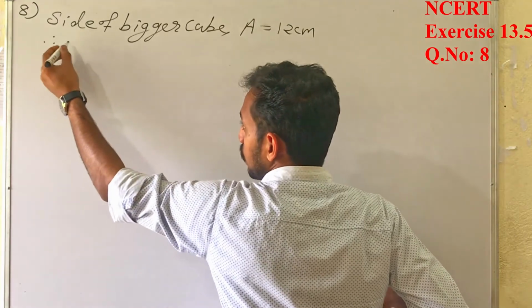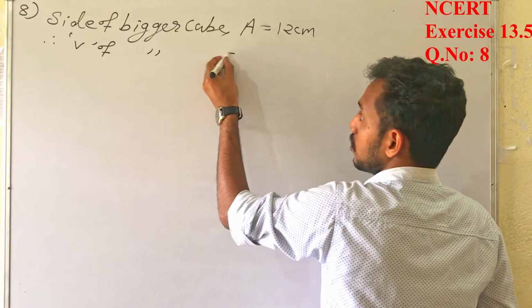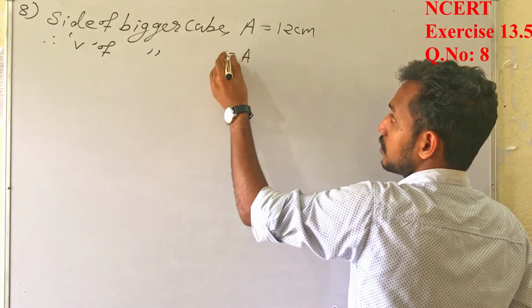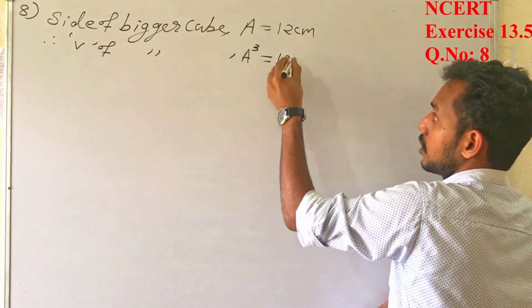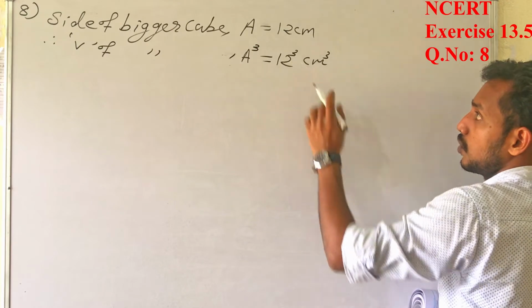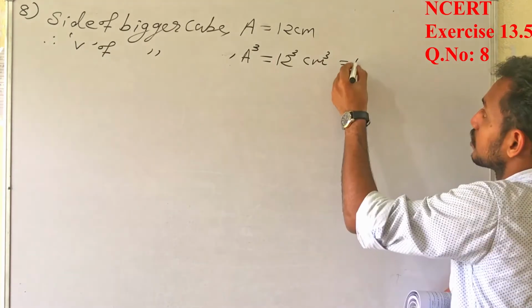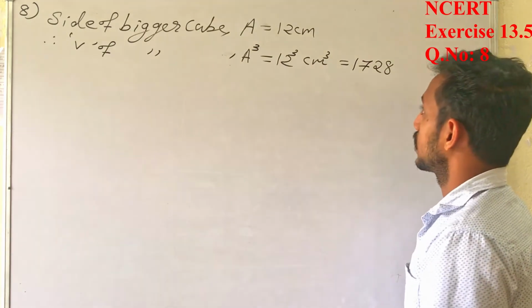Therefore, volume of bigger cube is equal to A cube, which is equal to 12 cube centimeter cube. What is 12 cube? 12 cube is equal to 1728. Clear?